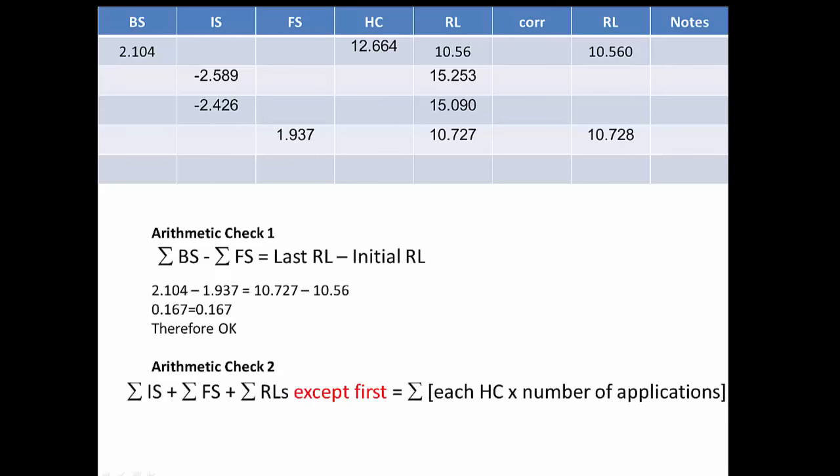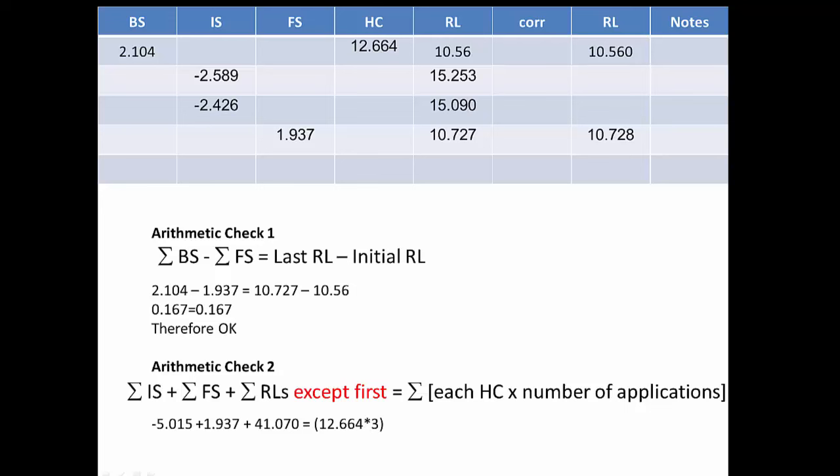We can also perform the second arithmetic check. So all the intermediate sights, all the foresights and reduced levels, except the first reduced level, so in this case except 10.56, should be equal to the sum of each height of collimation times the number of times that it's used. So the sum of the intermediate sights, the foresight, plus the reduced levels except the first one is equal to the height of collimation multiplied by 3.